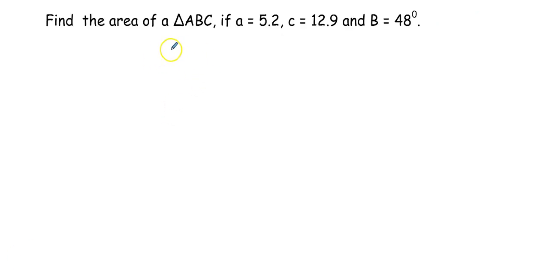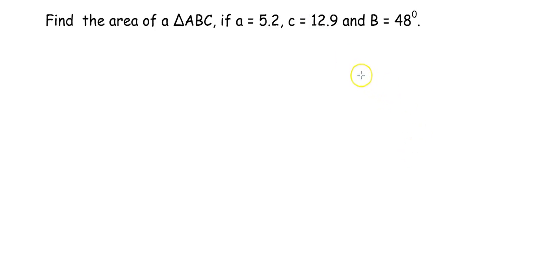Here you are provided with a triangle ABC. If A is equal to 5.2 units, C is equal to 12.9 units and angle B is 48 degrees. Find its area. In order to find the area of triangle, we know the formula, of course, we have. Let us also draw a rough triangle. Right, let me draw one triangle.